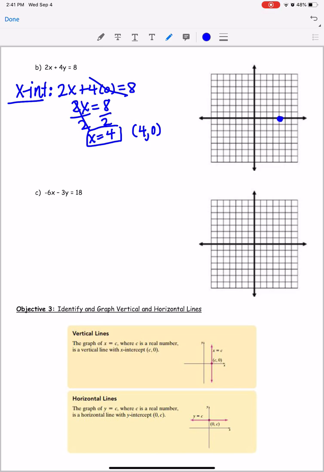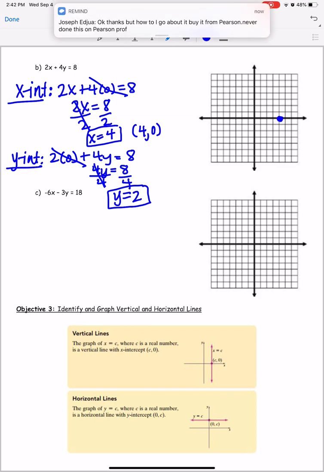And then for your y-intercept, now I'm plugging in a 0 for my x. So we've got 2 times 0 plus 4y equals 8. Again, 0 times anything cancels out. So I'm left with 4y equals 8. Divide both sides by 4. And we get y equals 2.